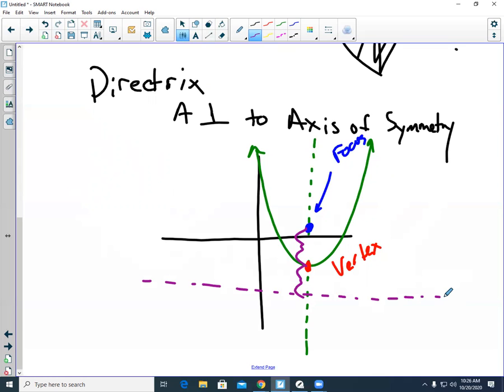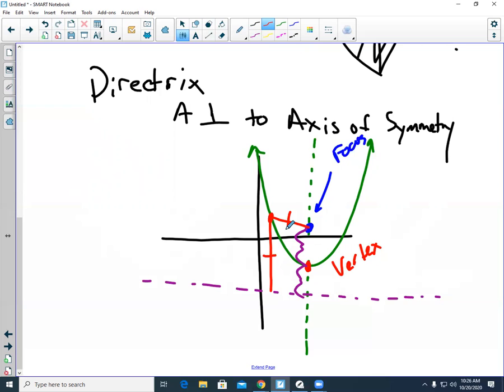Okay. So since they're the same, that creates a few more qualities. Other qualities that could be created from this, and actually, if you would have learned this before geometry, it could have made your geometry life absolutely miserable. Because one of the qualities that the directrix and focus have is that any distance from here to here is the exact same distance from here to here.